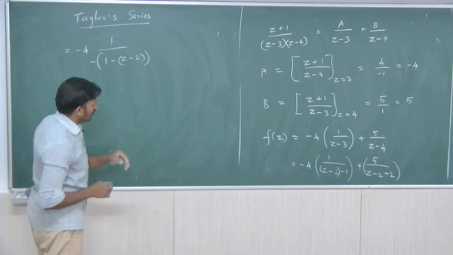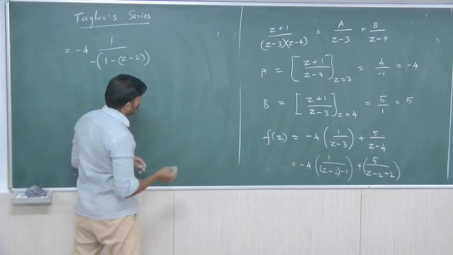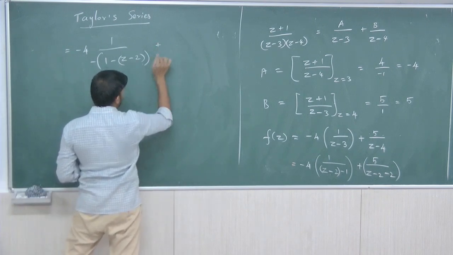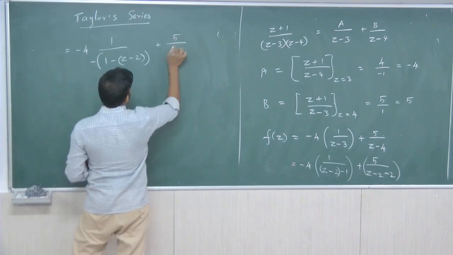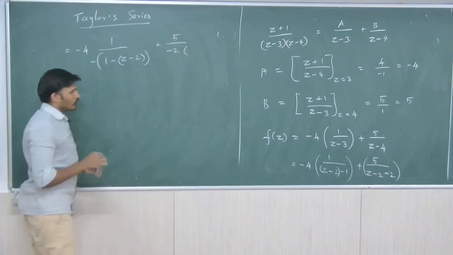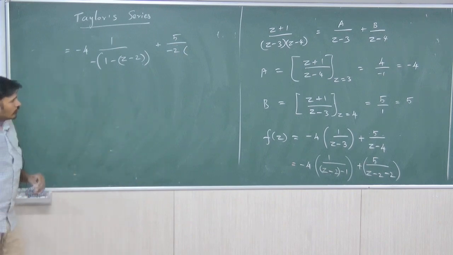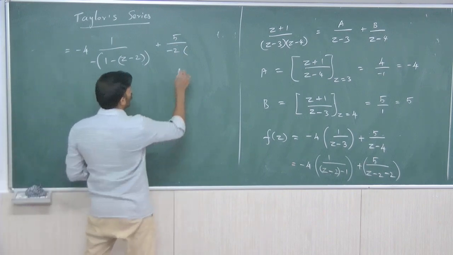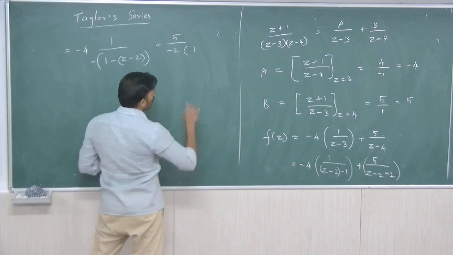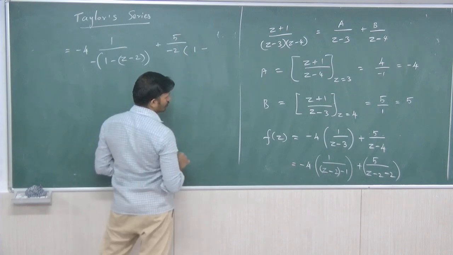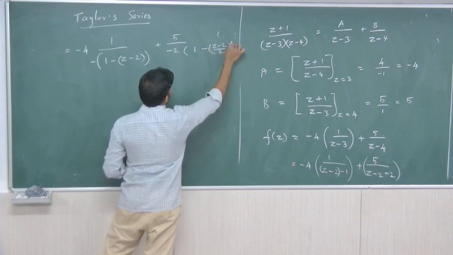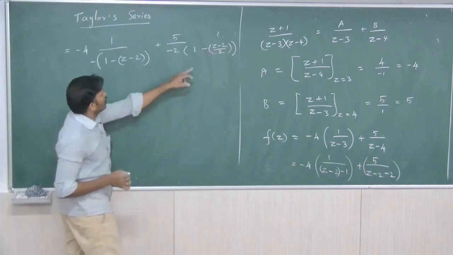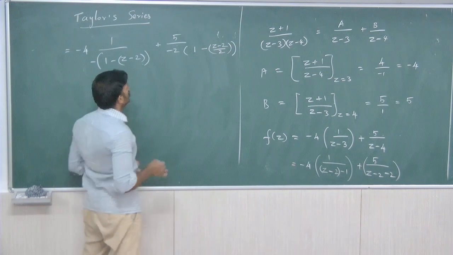Similarly, in the second factor, I am going to take minus 2 as a common term. So 5 by minus 2, if you take minus 2 as a common term, you may get 1 minus (z minus 2) divided by 2, right? So I have multiplied minus here, right?